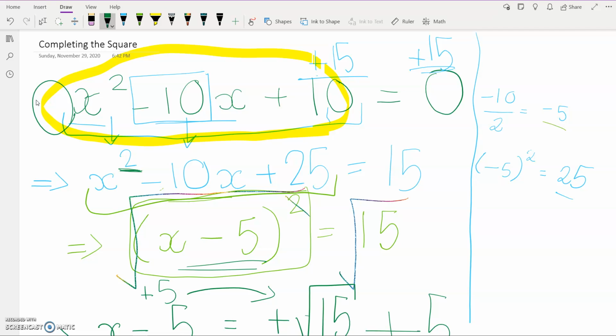However, you also will have to be able to do problems where a is not 1, so you might have 3x squared minus 10x plus 10, or 13x squared minus 10x plus 10. Often you won't get two big numbers for a here, but there are certain problems where you'll have to be able to do where a is not equal to 1. So we'll be doing such a problem in a future video.